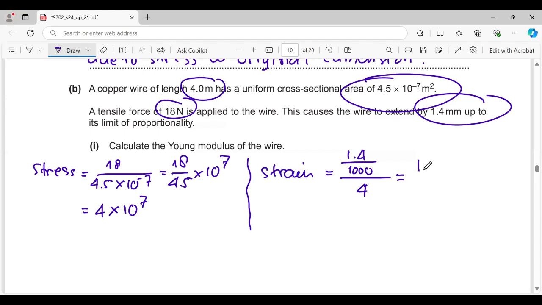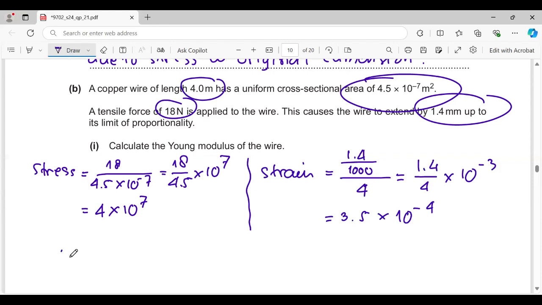So it will be 1.4 over 4 times 10 power minus 3 because of 1,000. If you divide, finally you can find this result, 3.5 times 10 power minus 4. Supposed to be this is 0.35, but I already convert into 3.5 times 10 power minus 4.